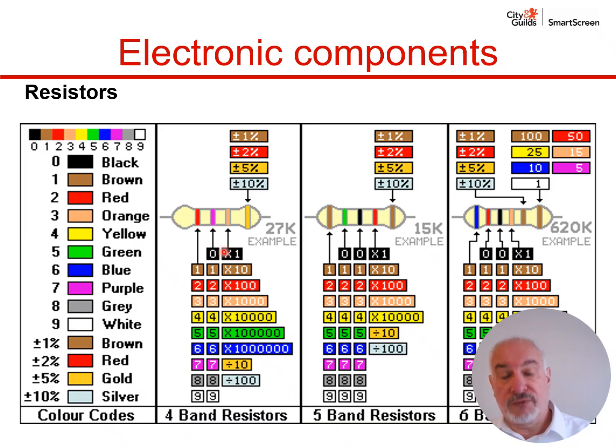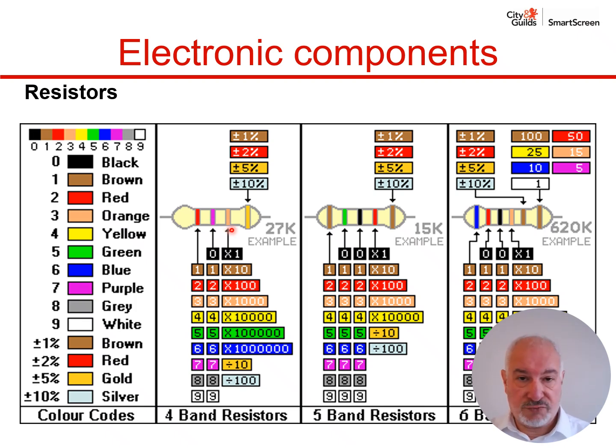So we take a look at the 4-band resistor as our easy example. So we've got these colours. First of all we've got red. So if we're going to write down the actual resistance value, for red we've got 2, so we can write 2 down. Then we've got purple. Well, purple represents 7, so we've got 2, 7.